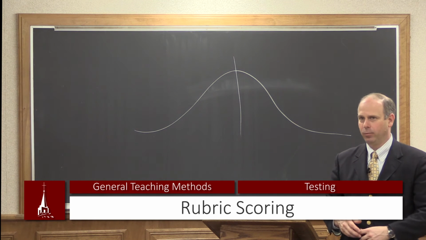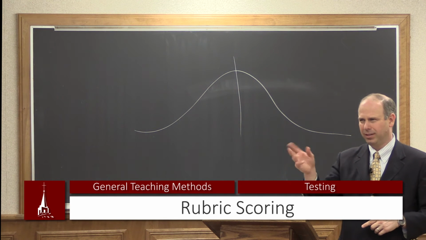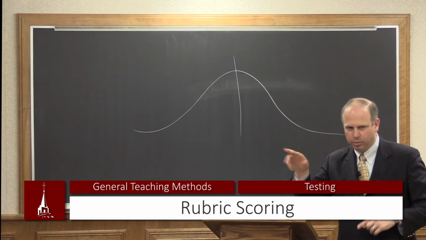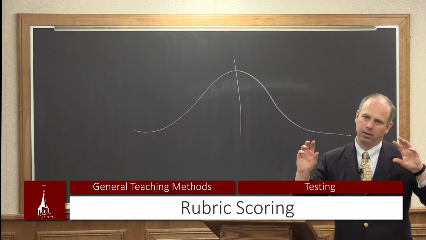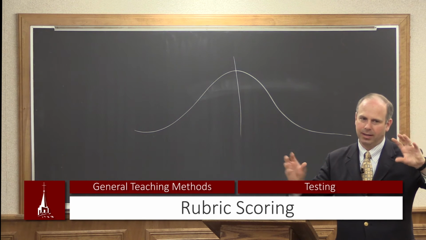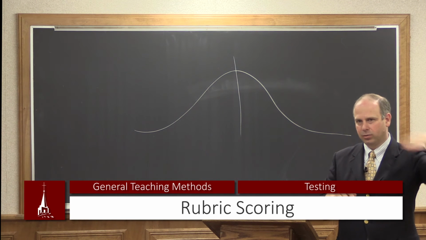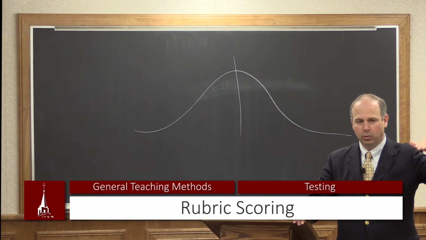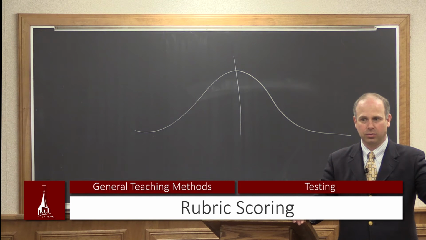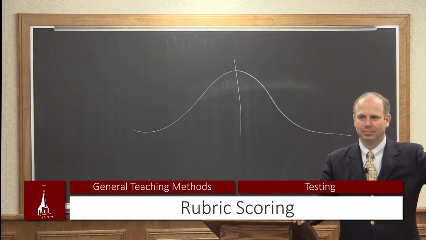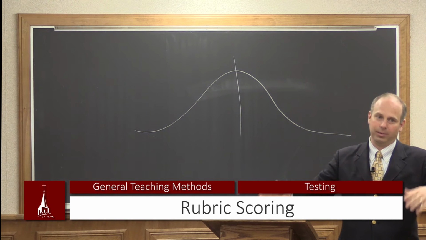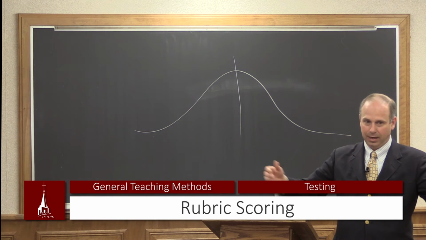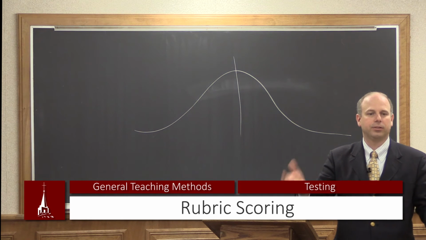I can say I know this one was the best, and these two were close to each other, but how do you give them a score that reflects that? If this one was the best, should they get 100%? What about next year, when the person is twice as good as the person that was the best? What do you give them?